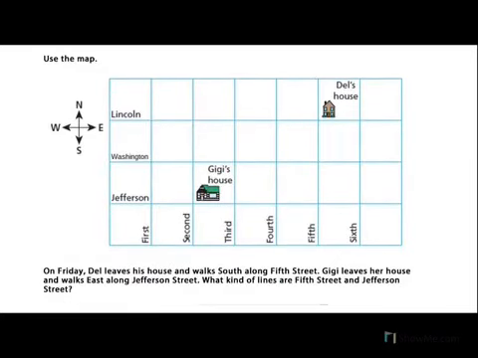Use the map. Oh, we already did this one. Oh, no, we didn't. Okay, this is different. Now we're talking about Friday. So on Friday, Dell leaves his house and walks south on 5th Street. And Gigi leaves her house and walks east along Jefferson.